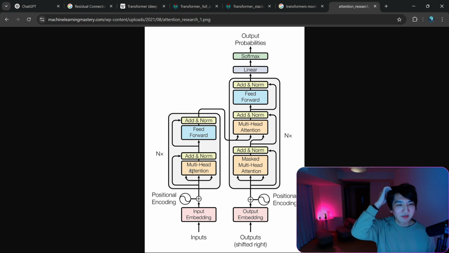And also, this original transformer is an encoder and decoder type model.